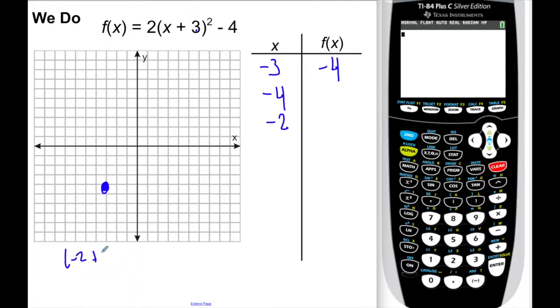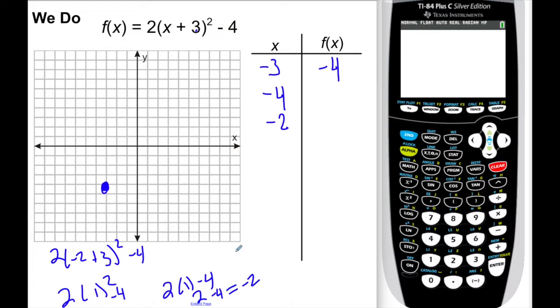So I've got negative 2 plus 3 squared times 2 minus 4. Negative 2 plus 3 is 1. 1 squared is 1. 2 times 1 is 2, I believe. 2 minus 4 is negative 2. So negative 2 went in, negative 2 came out, so negative 4 also must give negative 2.